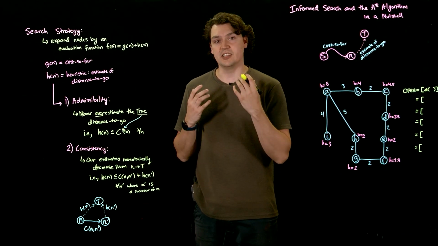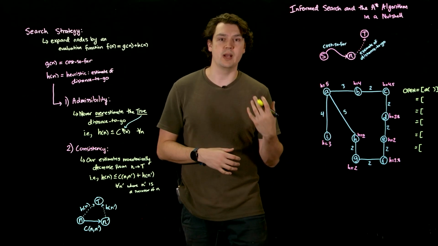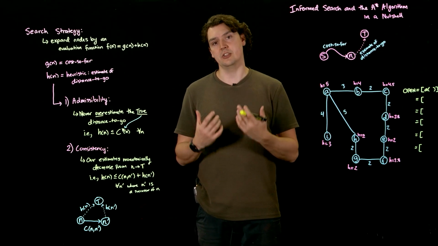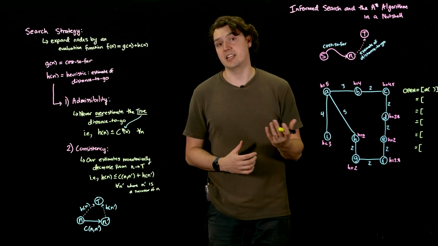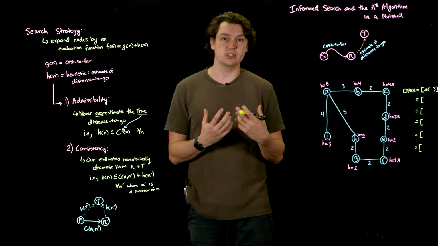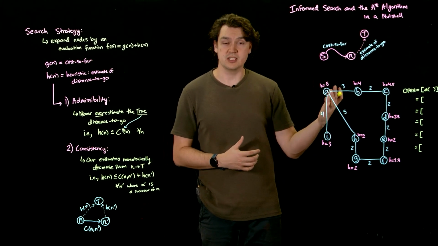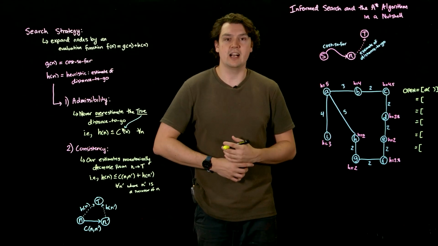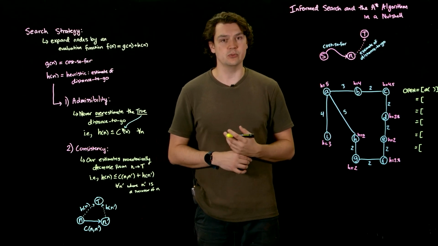So to get started, in the previous video, we've just had a look at the basic search strategies, right? So things like BFS, DFS, UCS, DFID. So these search strategies essentially are the foundational stepping stones towards these algorithms, but they all have one large fatal flaw.